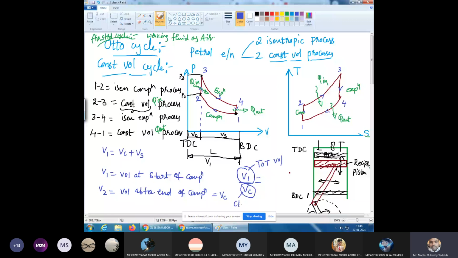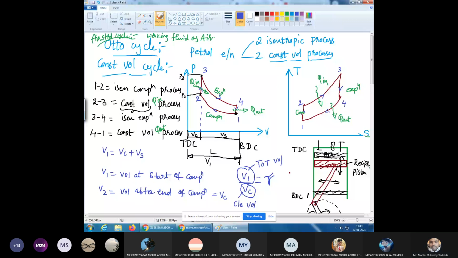I can call V1 by Vc the compression ratio or not? Yes, sir. So therefore, we can define compression ratio. The symbol for the compression ratio is R. I can define the compression ratio as volume at start of compression divided by volume at end of compression. That is nothing but total volume to the clearance volume.